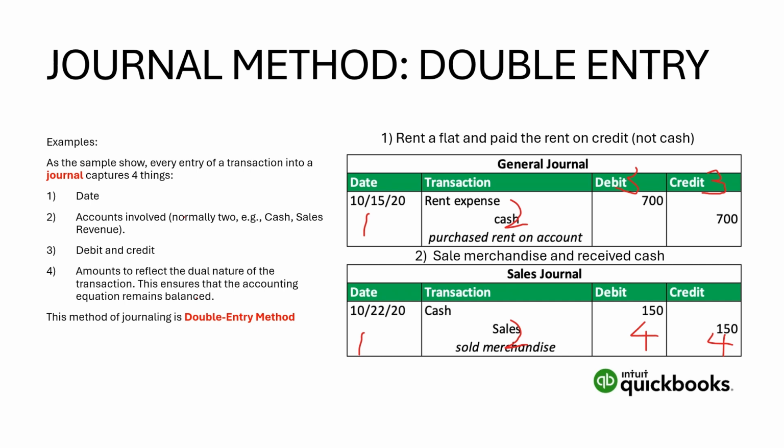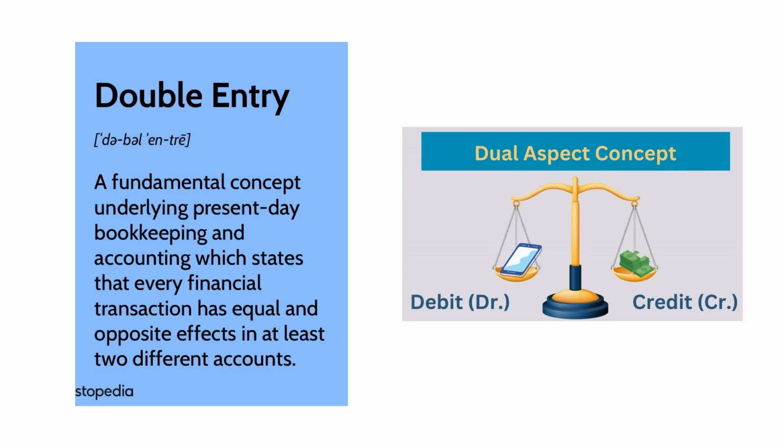So these 2 very simple examples illustrate how journals should be done to reflect the double entry dual effect of each transaction. To give you the proper definition, double entry is a fundamental concept underlying present-day bookkeeping and accounting, which states that every financial transaction has equal and opposite effects in at least 2 different accounts.